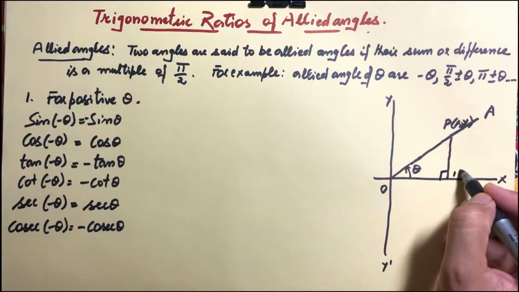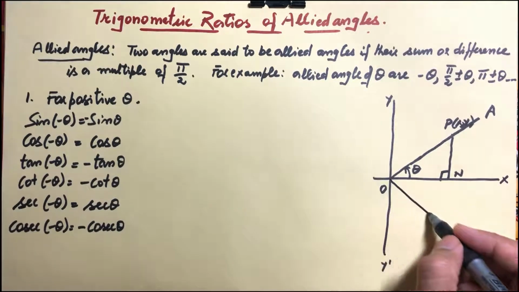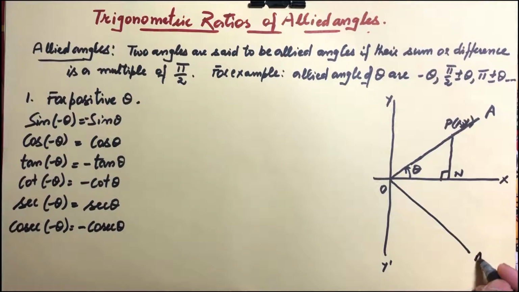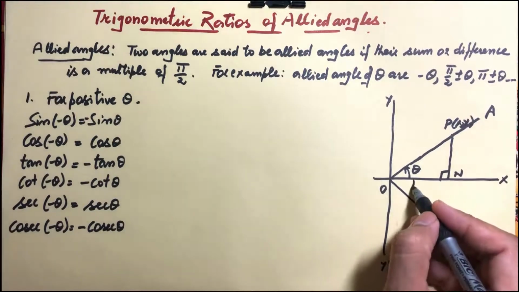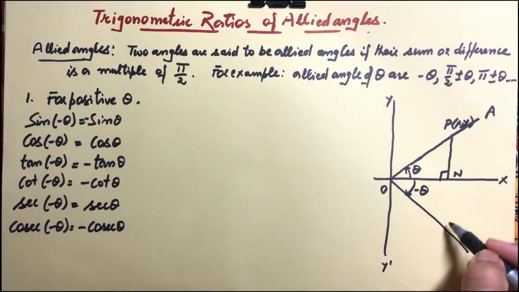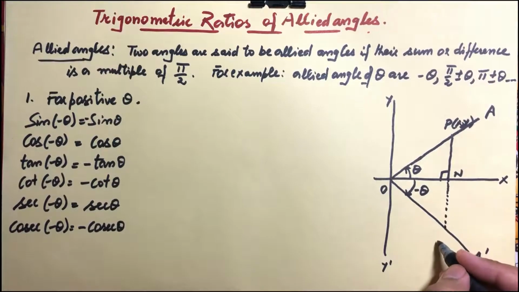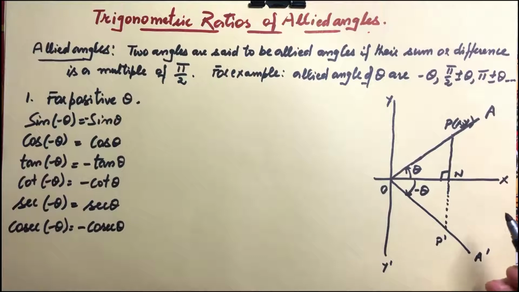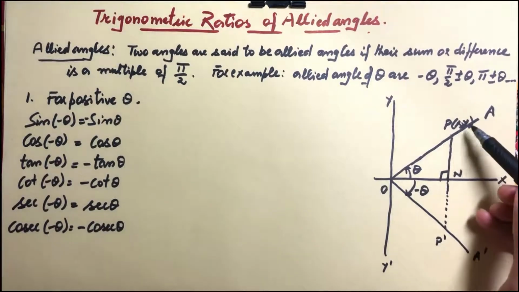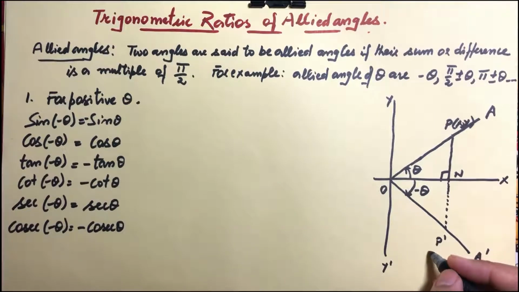We name it N, and similarly we have OA dash, and this angle is minus theta, and this will meet at P dash. So as you see, this is positive x and y, but here y is negative, so the coordinates of P dash are x comma minus y.